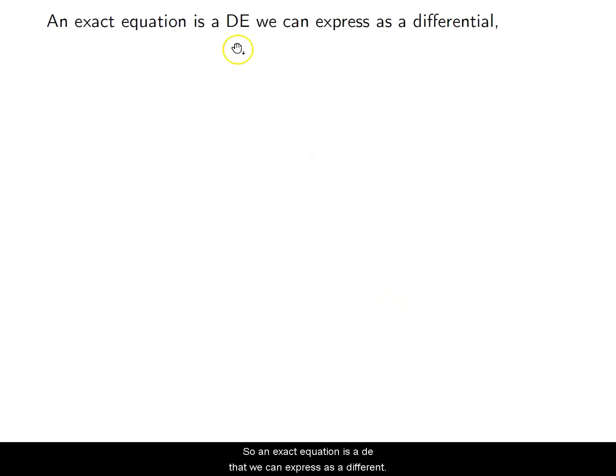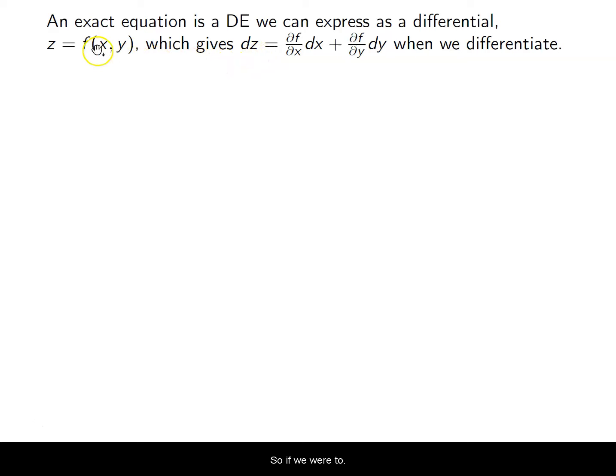So an exact equation is a DE that we can express as a differential. Basically, some function in x, y that's equal to z. If we were to differentiate this in terms of its partials, the differential dz would be the first partial in x times dx plus the first partial in terms of y times dy.